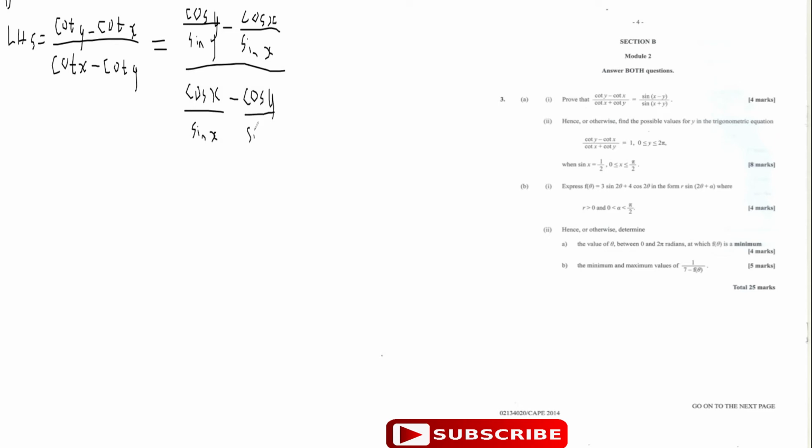Now, to simplify this numerator, we multiply up sine y and sine x to write all of this as sine x cos y minus cos x sine y, and all of this is being divided by sine y sine x.